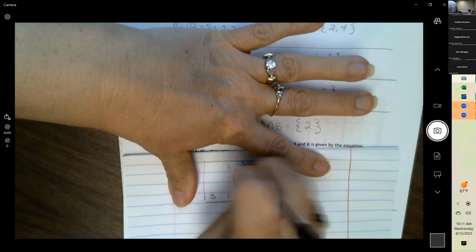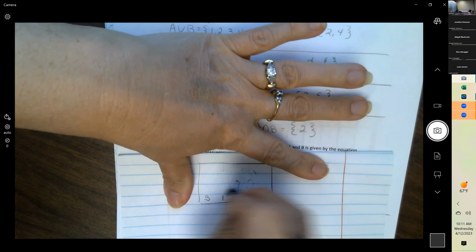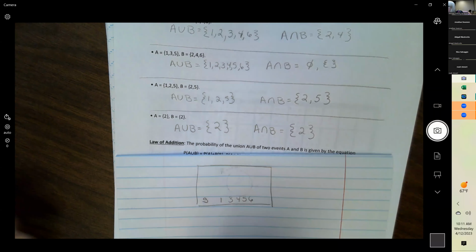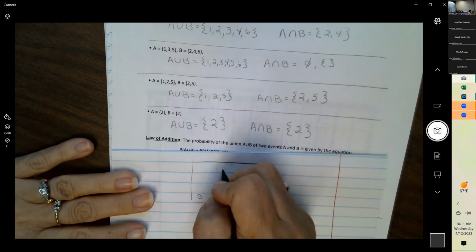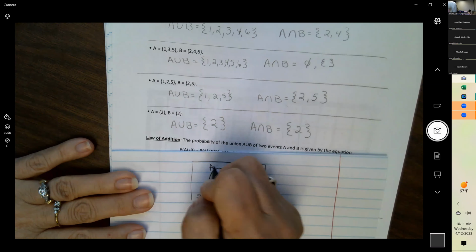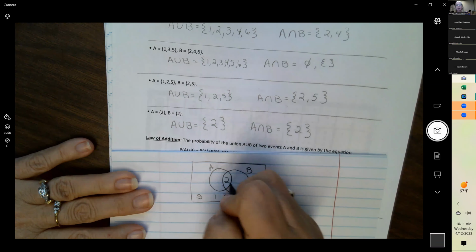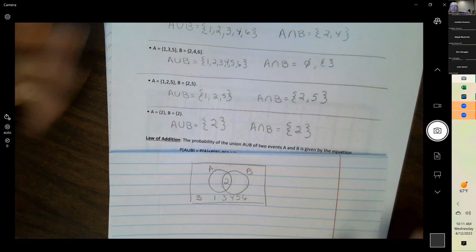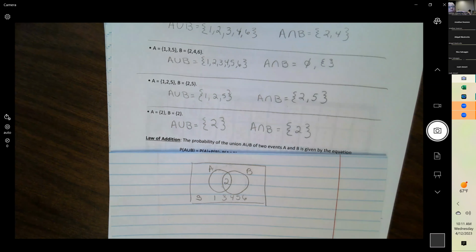Or sometimes they'll use two different shades and show that one circle and the other circle are the same. Or if you write it this way. Like that. Any questions on the Venn diagram? Or finding probabilities on them?